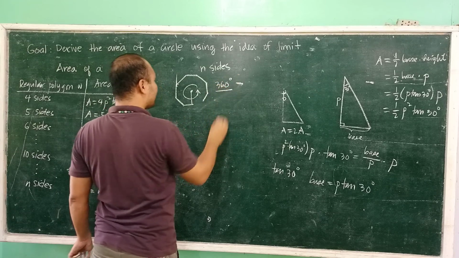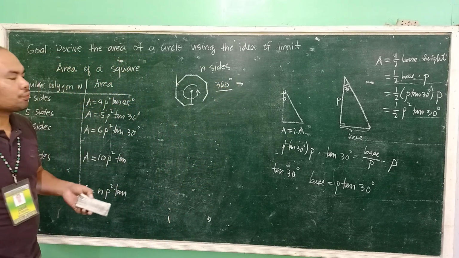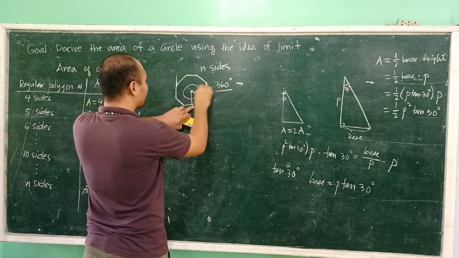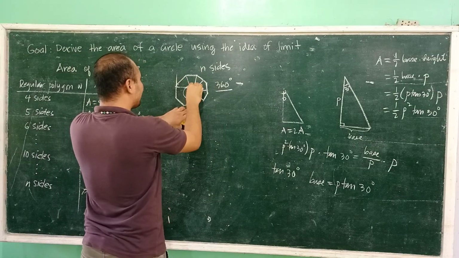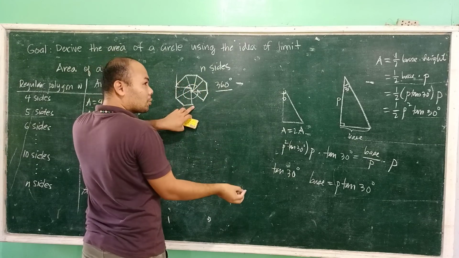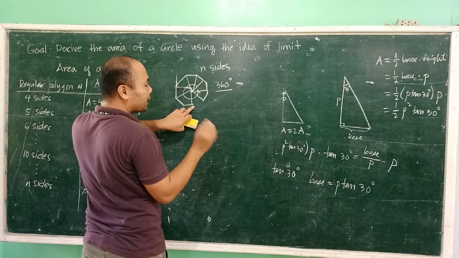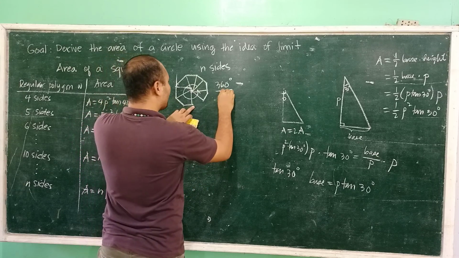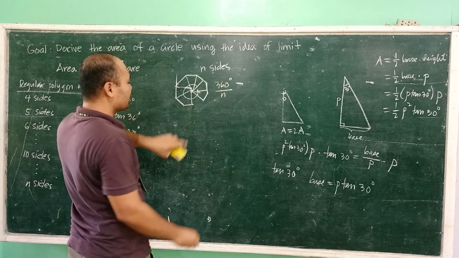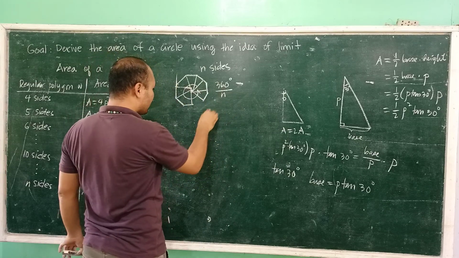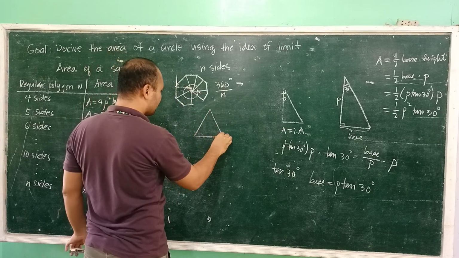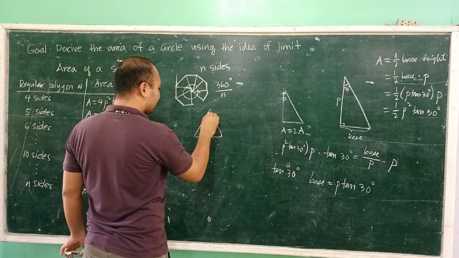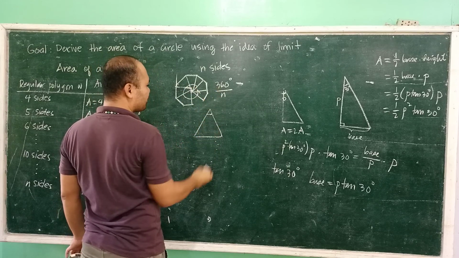We divide it by the number of isosceles triangles formed. How many isosceles triangles can we form? So in this case, because there are n sides, there are also n isosceles triangles. So we divide it by n. Okay? So after you divide by n, you can make one isosceles triangle. There are n of them here. So this is 360 over n.